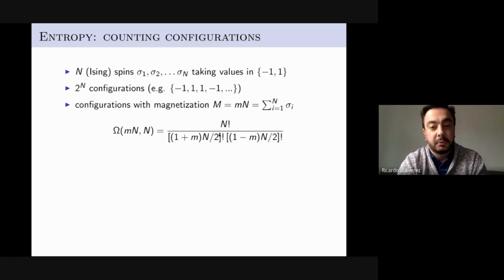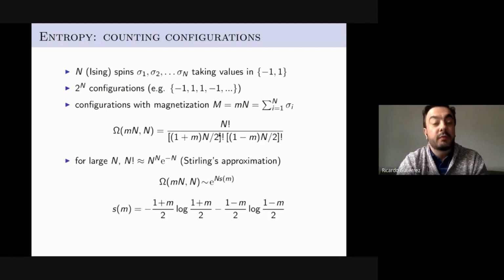It's simply simple combinatorics. And if you have a very large number of spins, you know that the dominant contribution has this exponential form, where basically you apply Stirling's approximation to each factorial here and here. And this factor in the exponent, there's a factor of n, and there's a quantity that doesn't depend on the number of spins, which is the entropy.